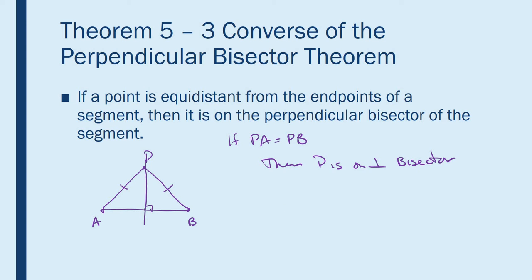Okay, so if I draw a line from P perpendicular, then that is on the bisector. So the converse and the original.